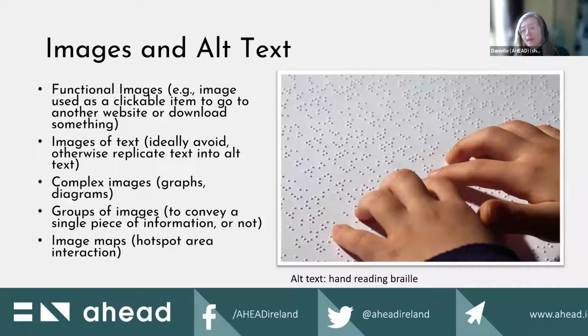So for example, a screenshot of a website or a screenshot of an article with a lot of text, because otherwise, if that text isn't anywhere else, you've then got to put that text somewhere where a screen reader user could access it. So either in the text around the image and then mark the image as decorative, or if it's not in text anywhere else on the screen, you put it into the alternative text.